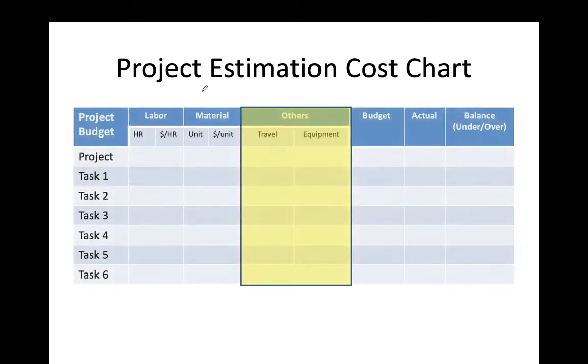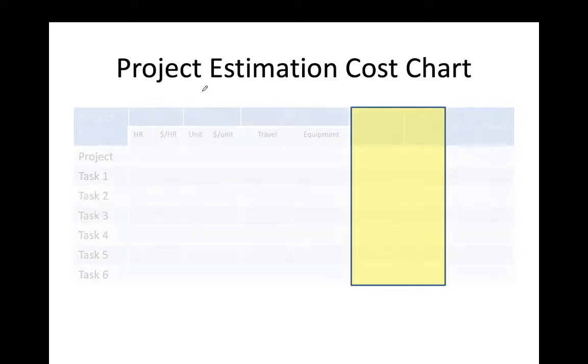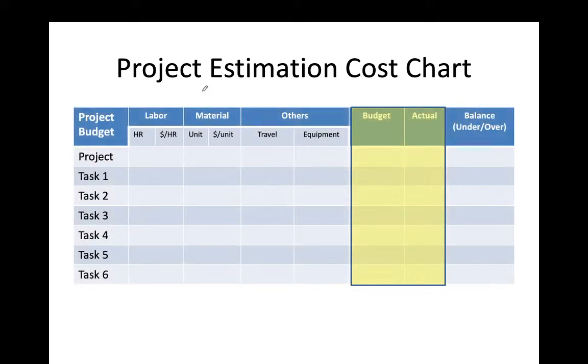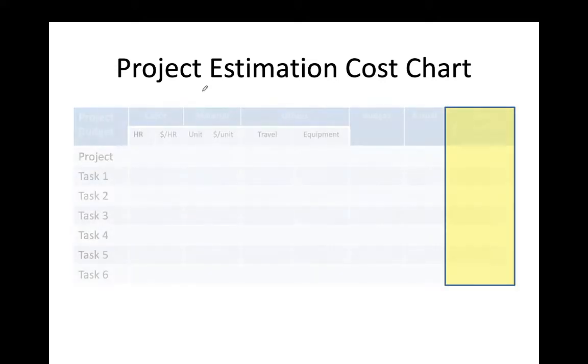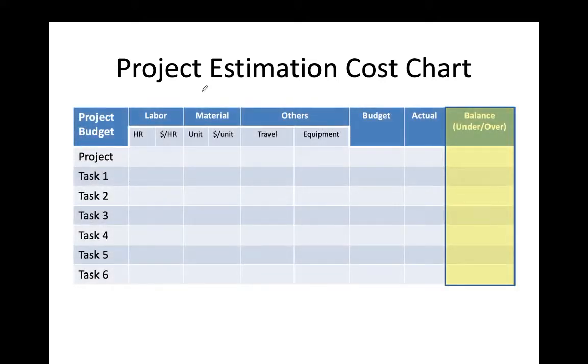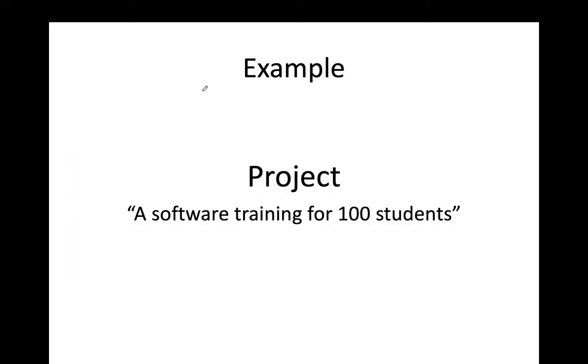Fourth will be others, and in others we can add travel, equipment, rent, or any miscellaneous charges we want to add. In the budget column it will be the budget given to us for the project, in the actual column, the actual estimation cost we are getting, and in the final we will check whether our actual cost is under the budget or over the budget.